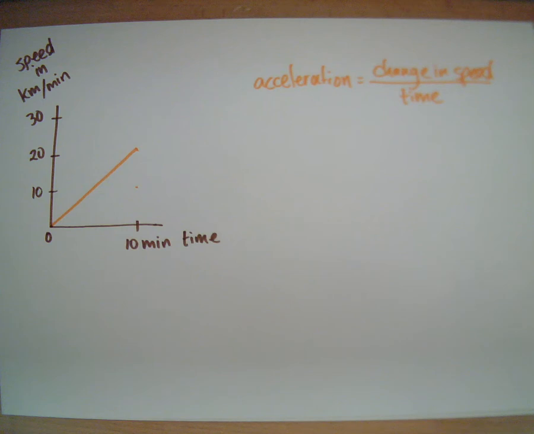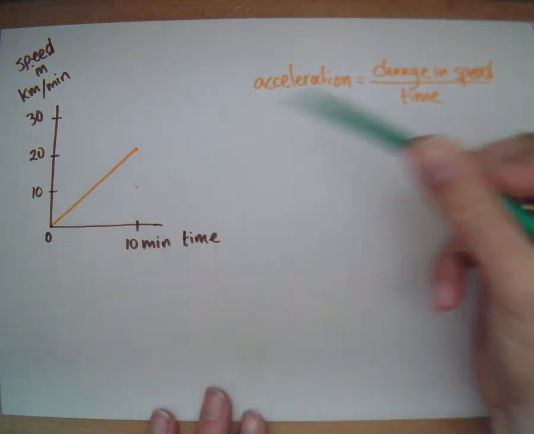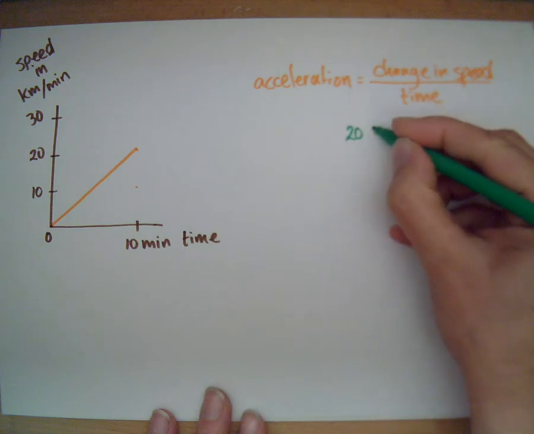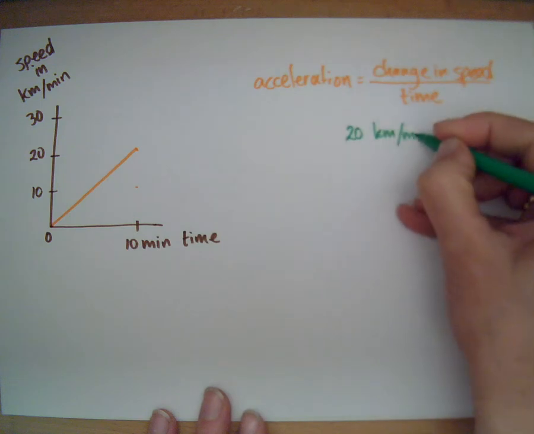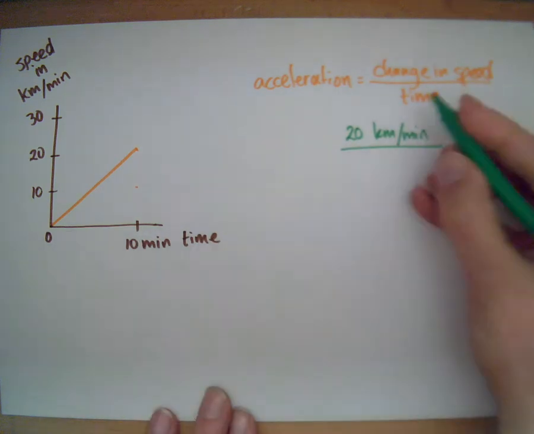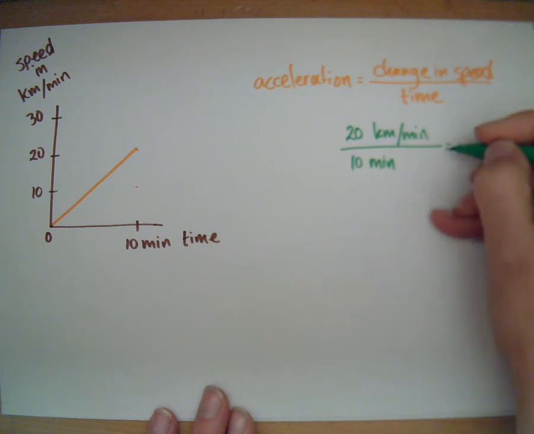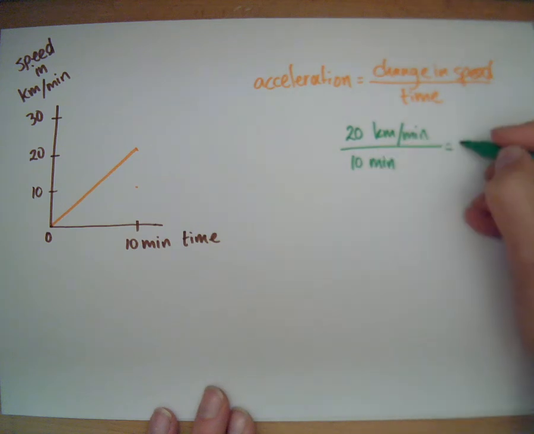In this case, my change in speed is, I went from 0 to 20, so 20 kilometers per minute. We're going to divide that by the time. How much time has passed? 10 minutes. So my acceleration is 20 divided by 10 is 2.